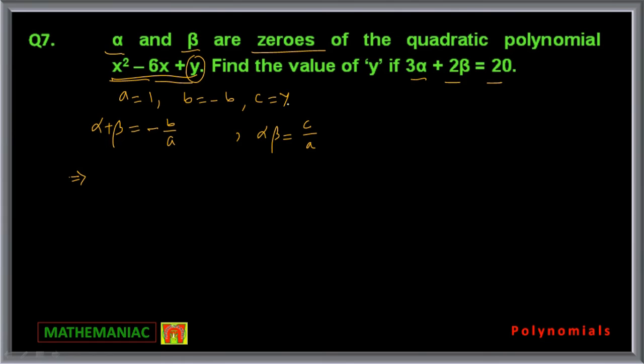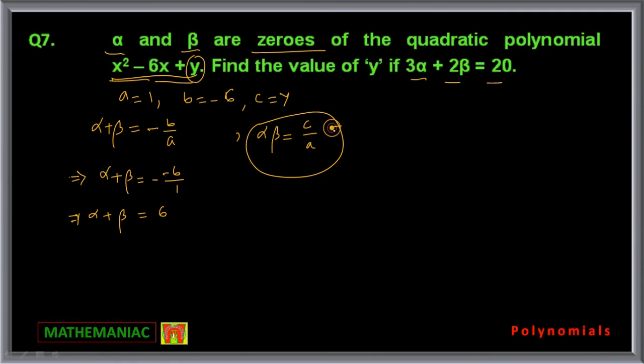Alpha plus beta will be now how much? Put the value. What is b? b is minus 6. What is a? 1. So that gives us alpha plus beta equal to 6. Now we do not need the product relation presently, because first of all we have to determine what alpha and beta are.